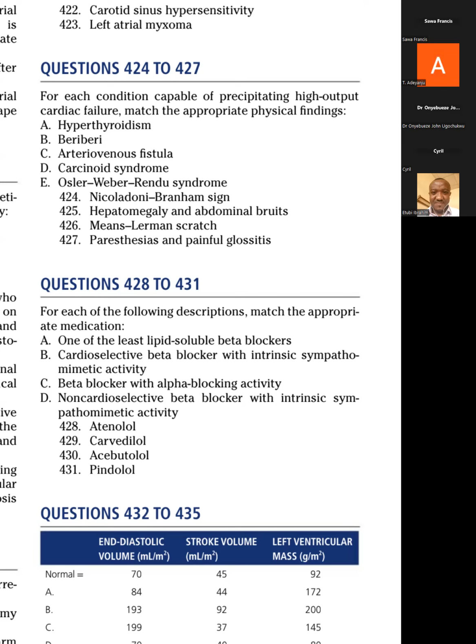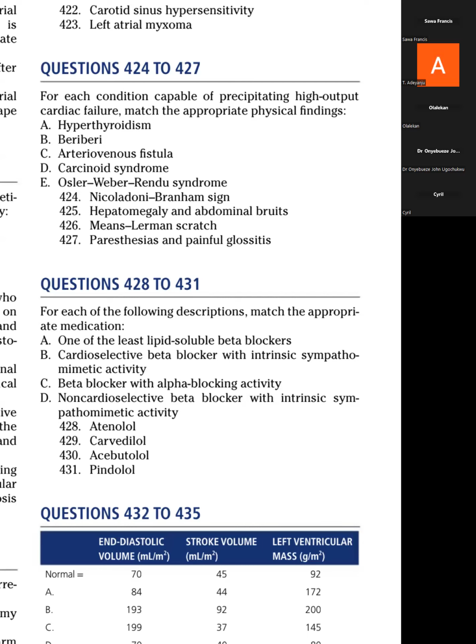Okay. Please, what's the answer to 427? Okay, the answer to 427 is, of course, we know what beriberi does. It essentially has to do with thiamine deficiency.